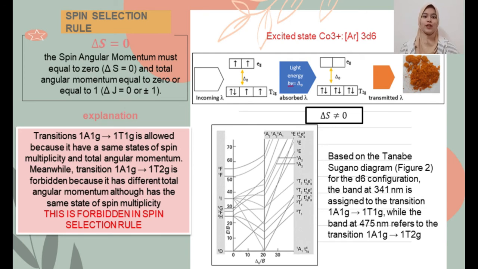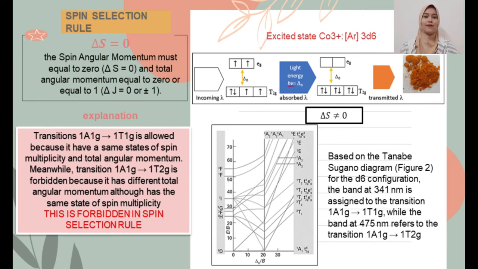But for band 2, which is 475 nm, the transition from 1A1g to 1T2g is forbidden. Although it has the same spin multiplicity, 1 to 1, it has a different total angular momentum, from A1g to T2g.